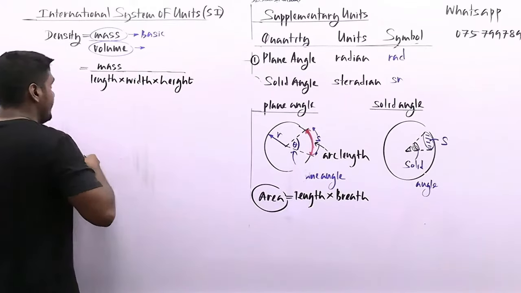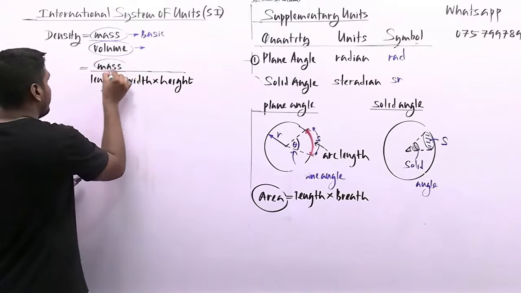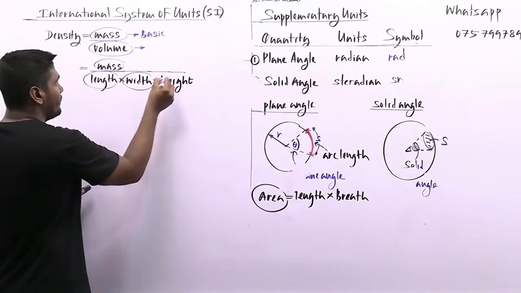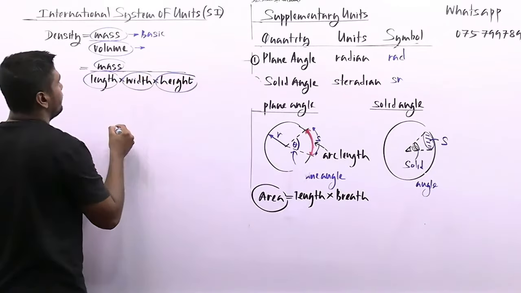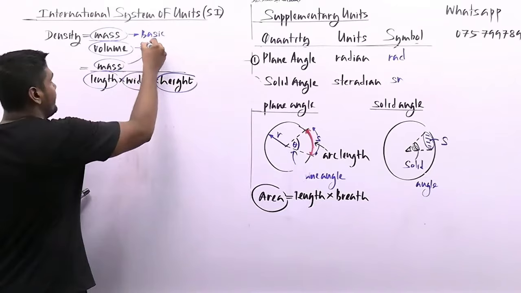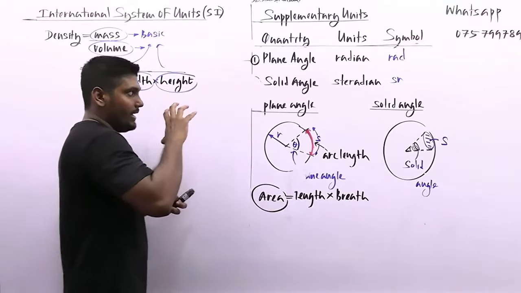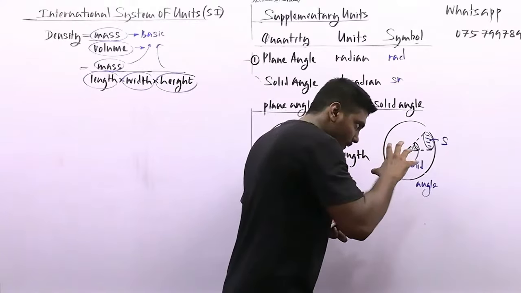All of these are basic physical quantities. They all are basic physical quantities. Clear? Right, okay. Now you have an idea about what derived physical quantities are.